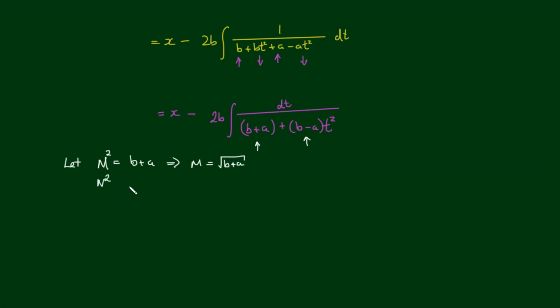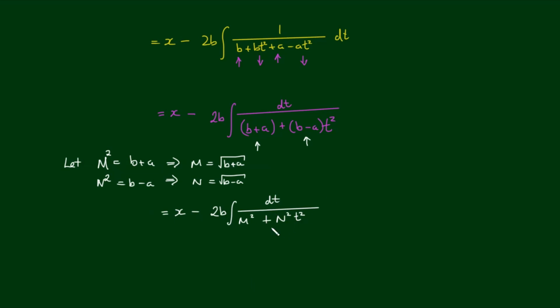So let's let N squared equal b minus a, and that means N is equal to the square root of b minus a. So the integral becomes the integral of dt over M squared plus N squared t squared. We'll copy down the rest, so we've got 2b at the front, and we've got x minus the rest.